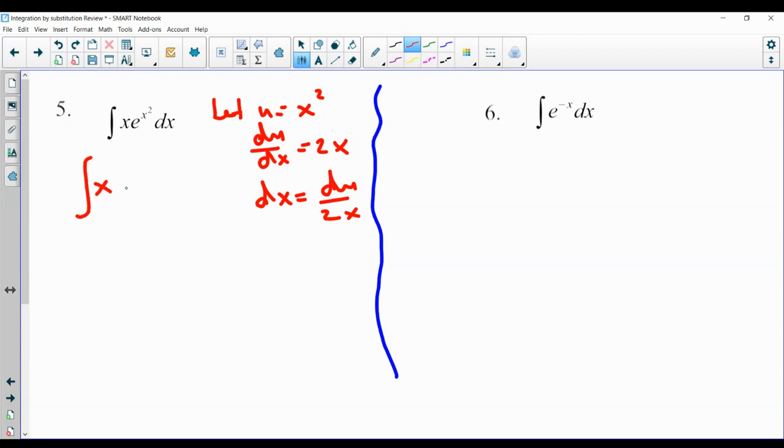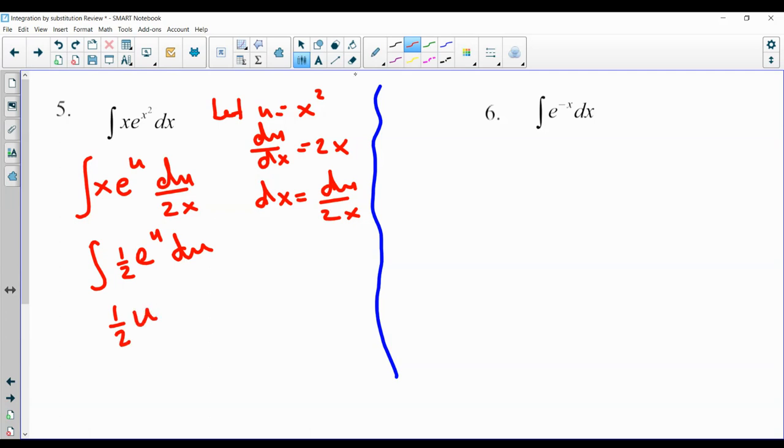That x stays. This is e to the u. dx is du over 2x. I'm happy my x's are canceling, but I'm left behind with that 1/2, totally okay. The integral of e to the u is e to the u.